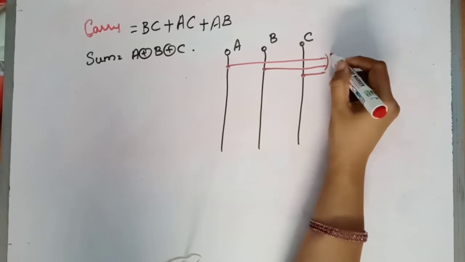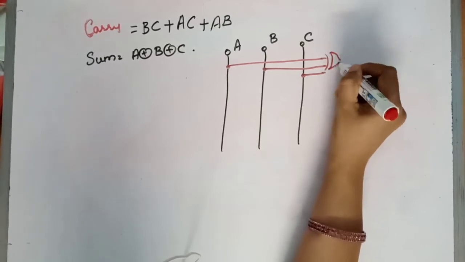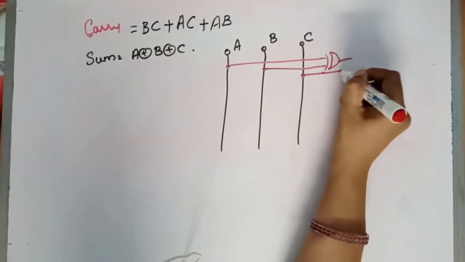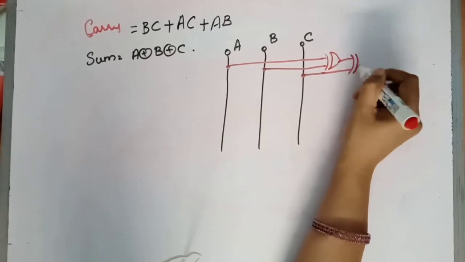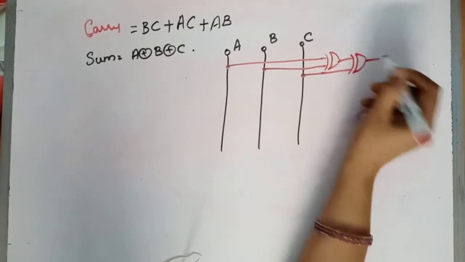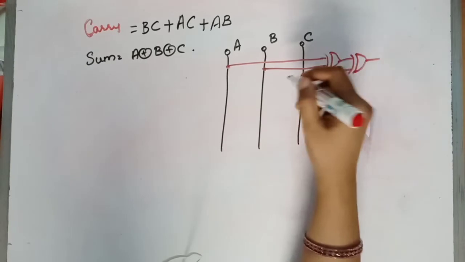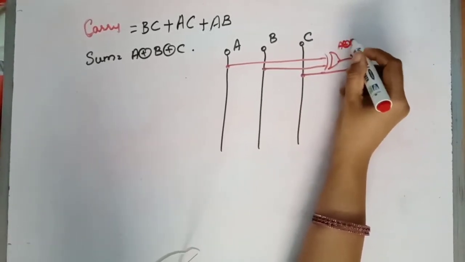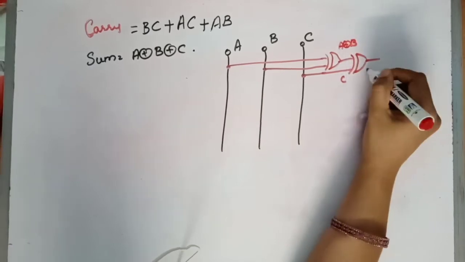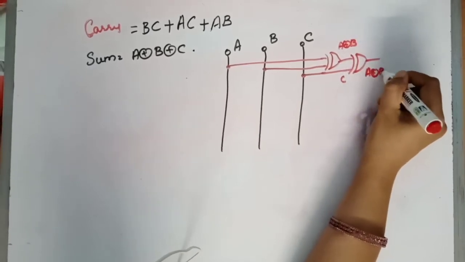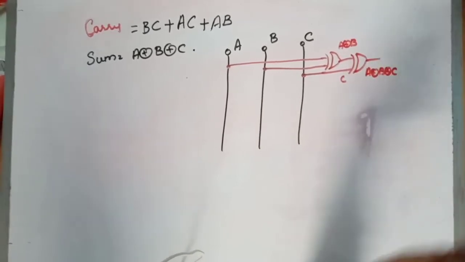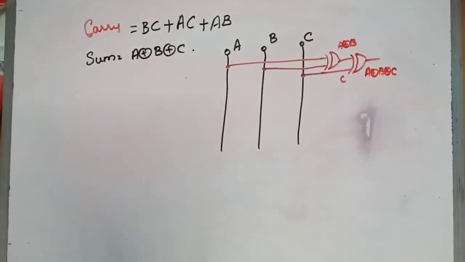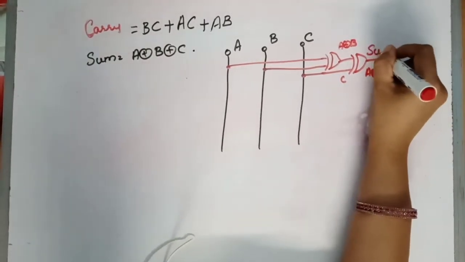So normally what you will be doing is, this is an XOR, then you will use another XOR. So this will be A XOR B, and this is C, so this is A XOR B XOR C, this is sum.